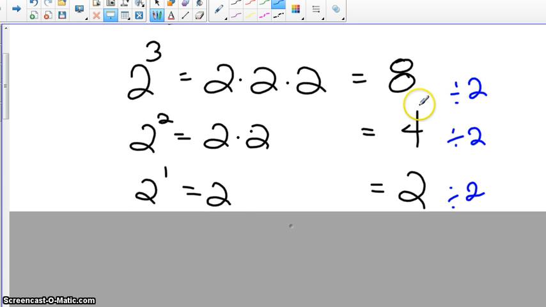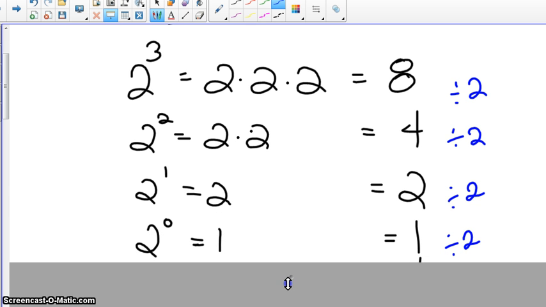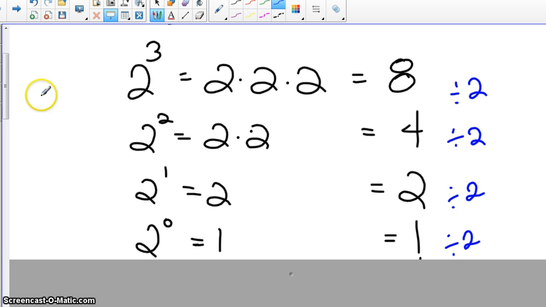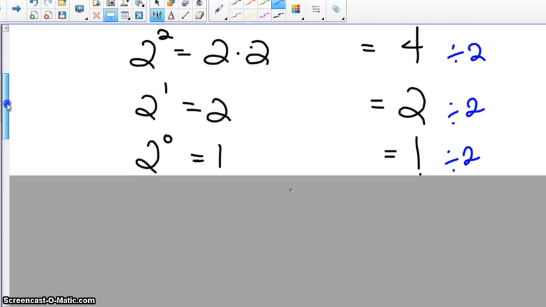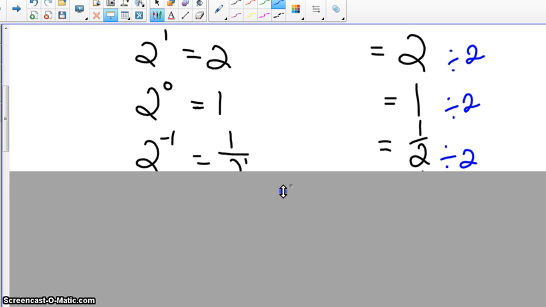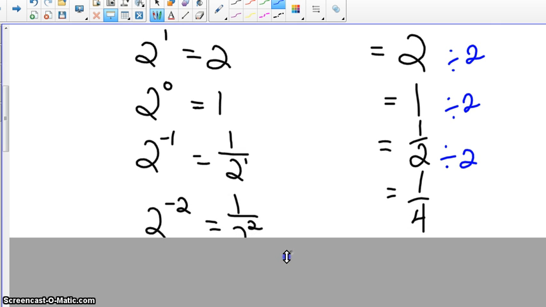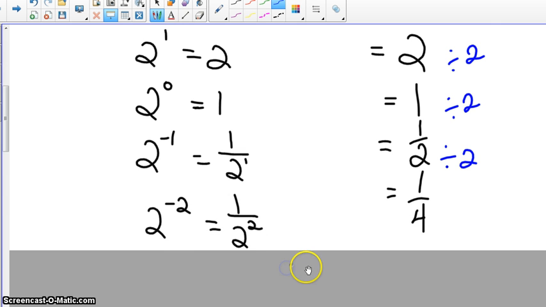And we see that we can divide by 2 every time, and we'll get the answers. 2 to the 0, when I divide 2 by 2, is 1. 2 to the negative 1, if we're still dividing by 2, 1 divided by 2 would be a half. 2 to the negative 2 would be a fourth.